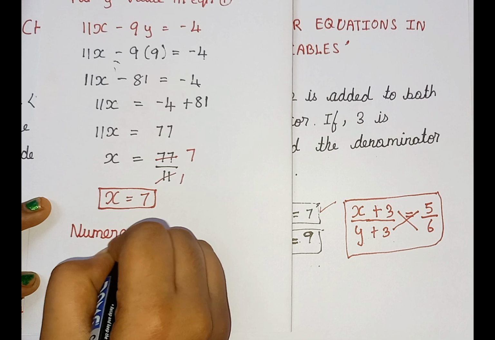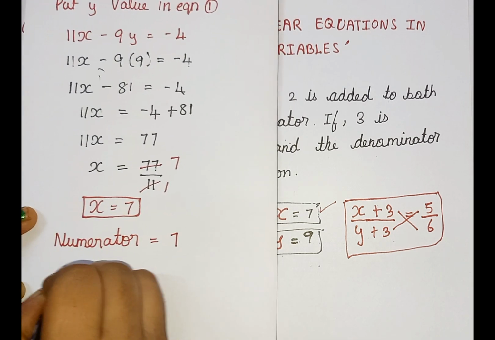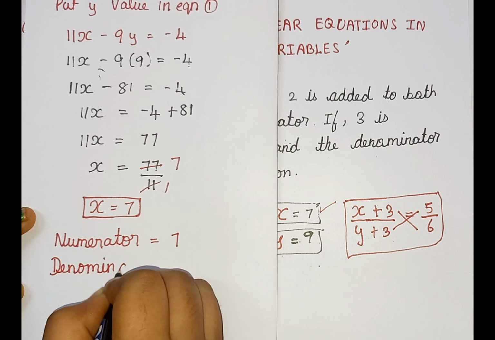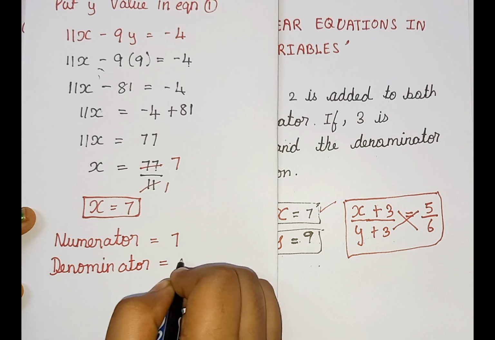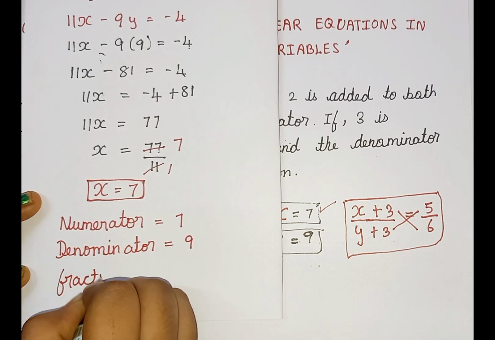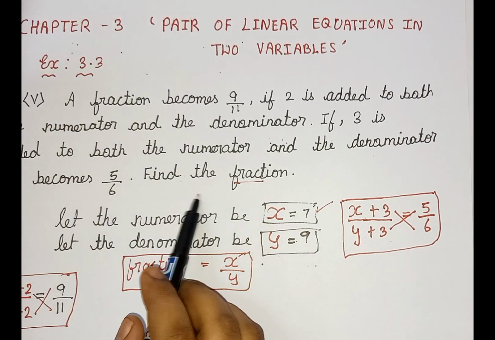So you are supposed to write it like this: numerator is equal to 7 and the denominator is equal to 9. So what will be the fraction, guys? According to the question we are supposed to find the fraction, isn't it?